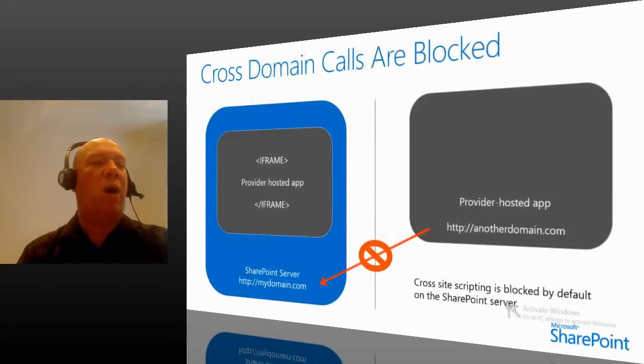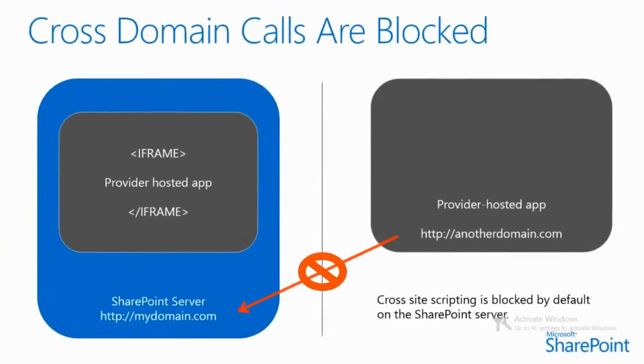And so let's kind of walk through the process, because I like little slides that are semi-animated. So the idea here is the following. You have installed your app. It's been deployed onto a domain called anotherdomain.com. It's a provider-hosted application. You've installed it into the SharePoint server that is called mydomain.com. When your application gets executed, it's actually executing inside of an iframe.